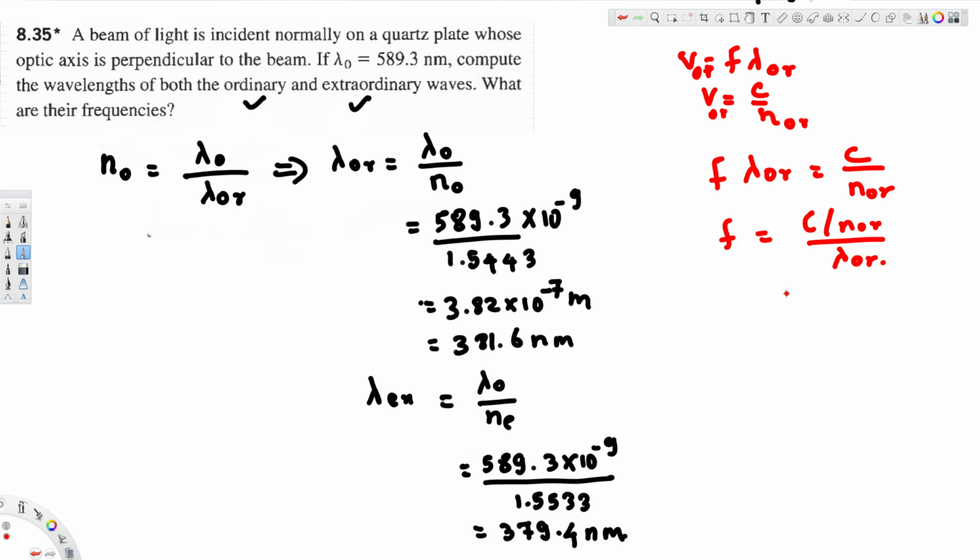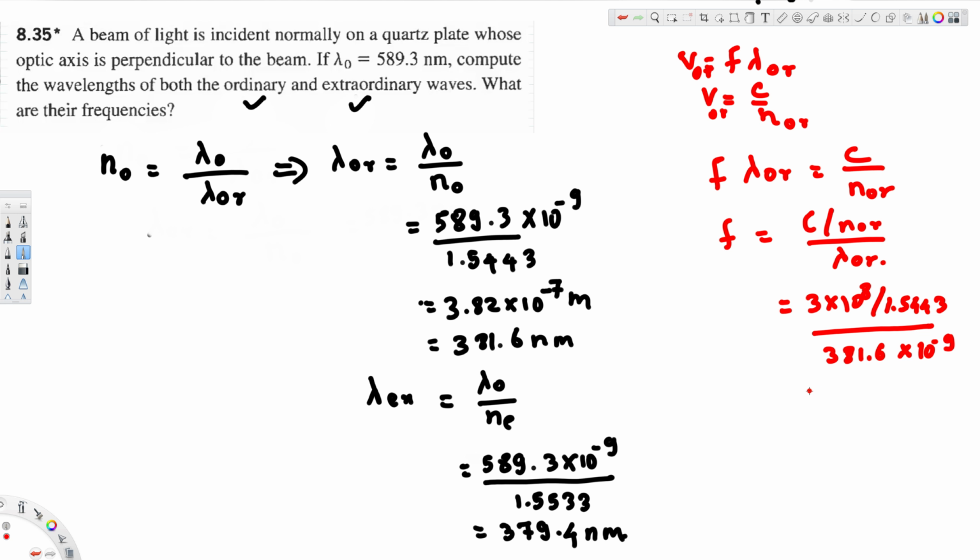Now let's go ahead and plug in the values. c is equal to 3 times 10 to the power of 8, and n ordinary, we know from here, is 1.5443, divided by lambda ordinary, that's going to give us 381.6 times 10 to the power of minus 9.